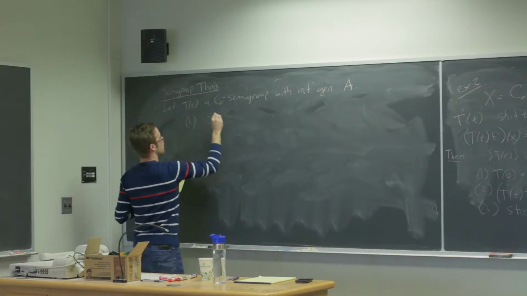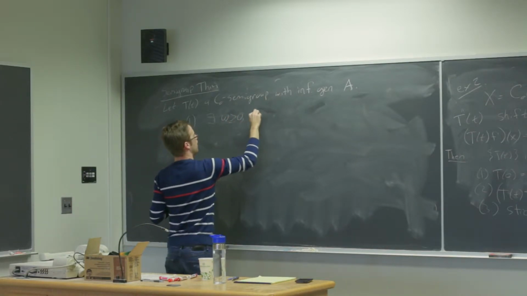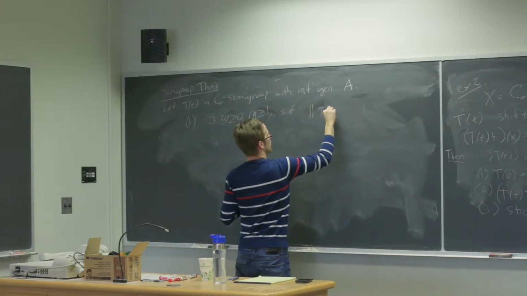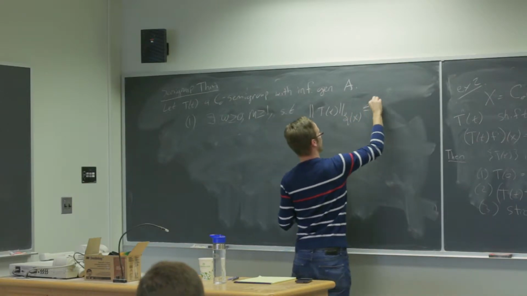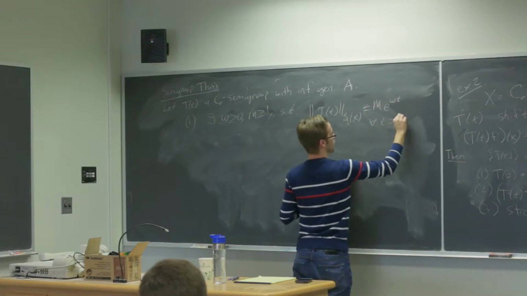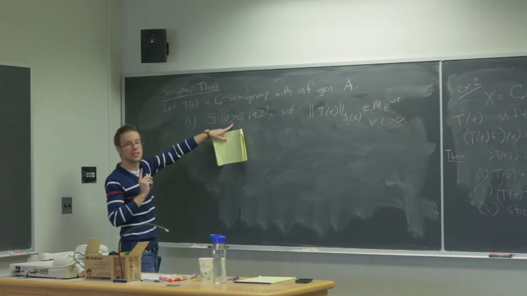First, there exist two numbers, omega bigger than or equal to 0, and M bigger than or equal to 1, such that the operator norm on X is controlled by M e to the omega t for each t positive. Notice in particular that omega is a positive number here.